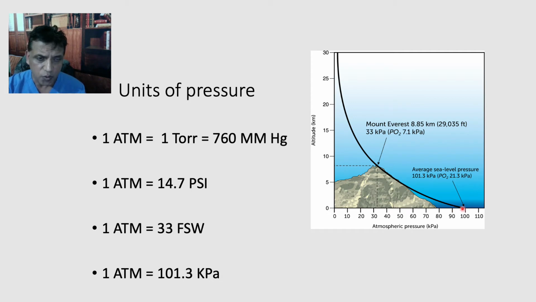But if one goes up the mountain, i.e. the altitude increases, to the point that if one climbed Mount Everest, the atmospheric pressure at the top of Mount Everest is less than 1/3 of the pressure that an individual experiences if they were walking at sea level. And as the elevation rises, the pressure diminishes.